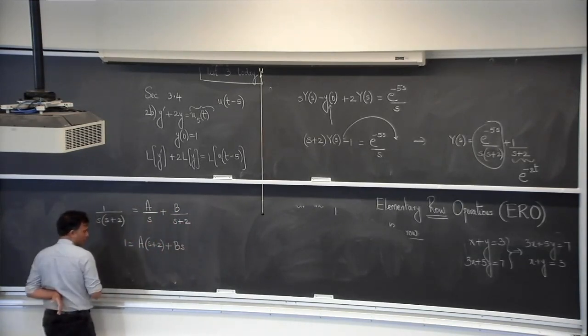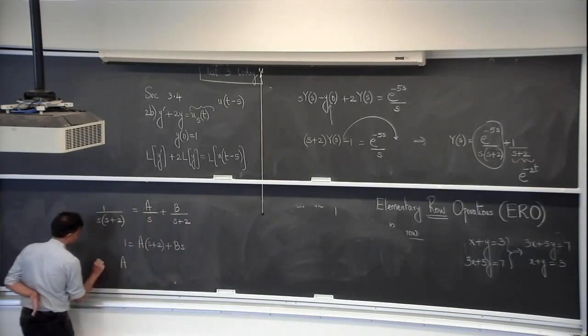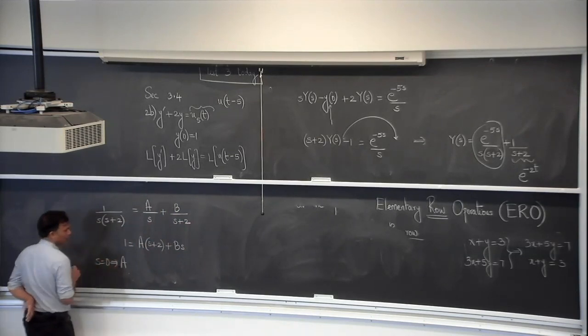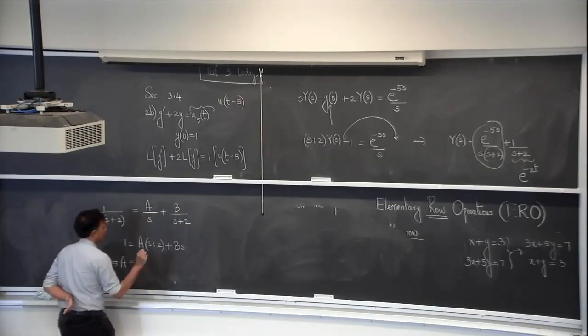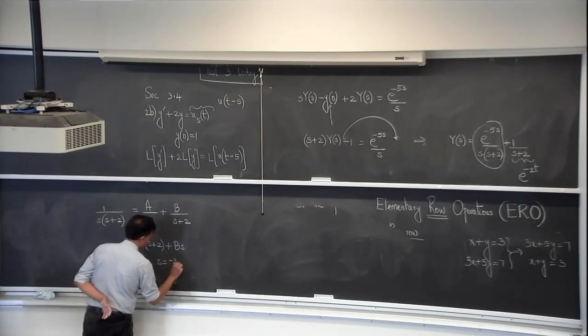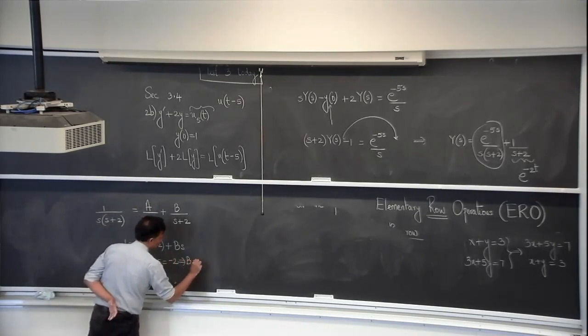So s equal to 0 will give you A equal to half. And s equal to negative 2 will give you B equal to negative half.